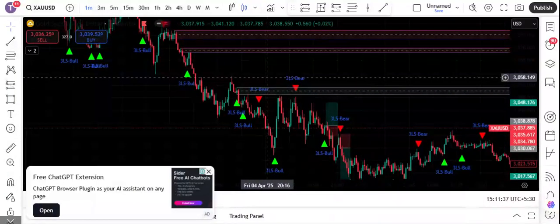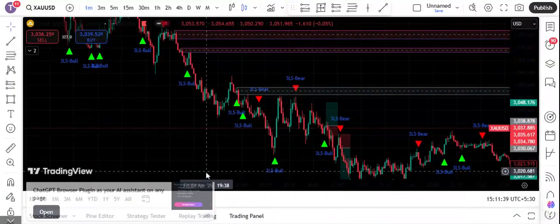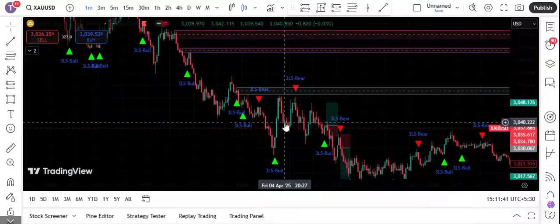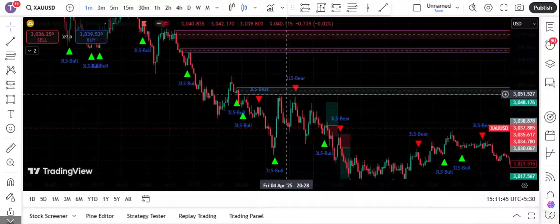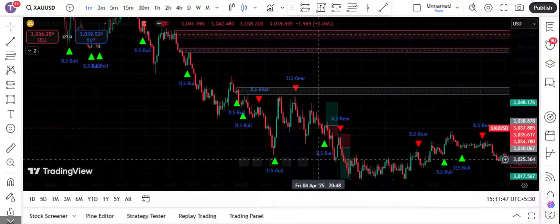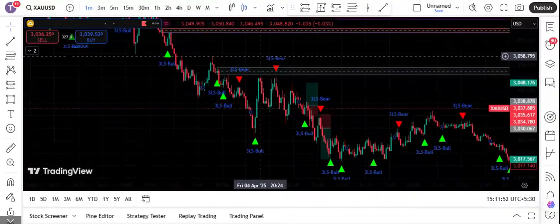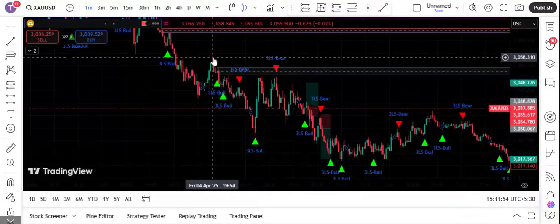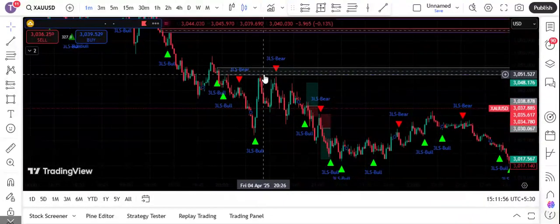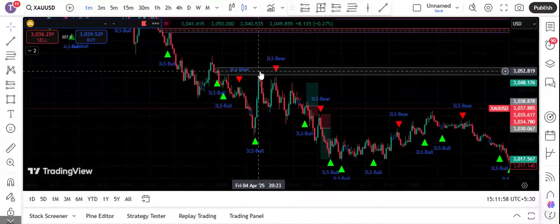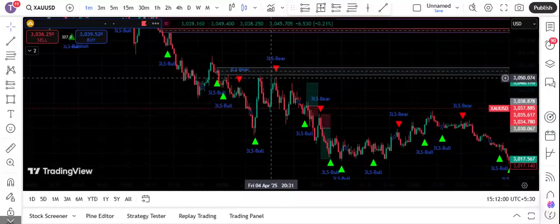Okay, and now it's around 8:30, right? So actually our time is done, 6:30 to 8:30. But if someone still wants to trade, the price did come back into this order block. Do not touch, but yeah, you can consider it.